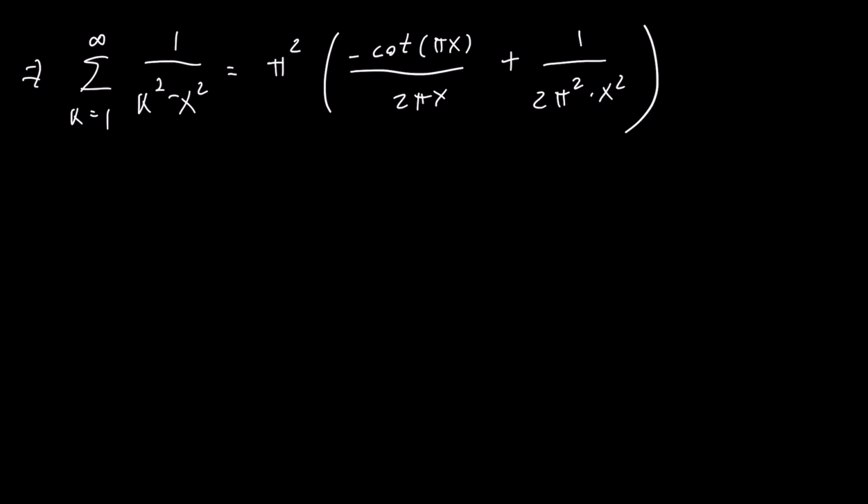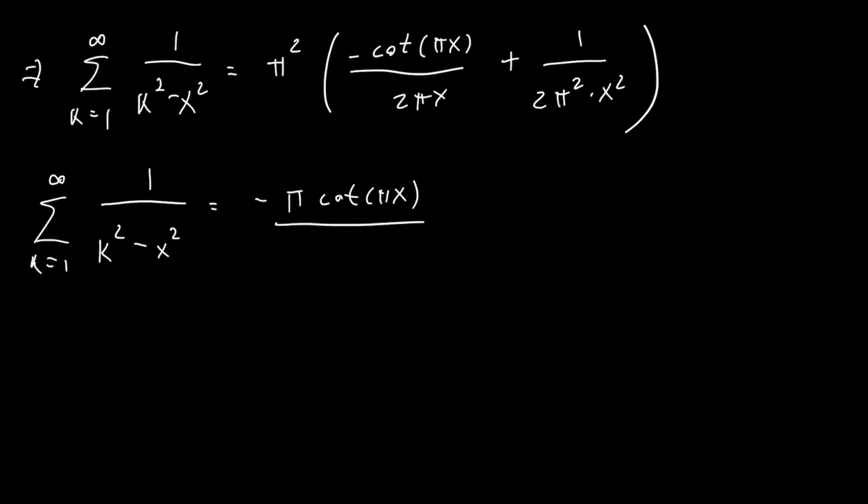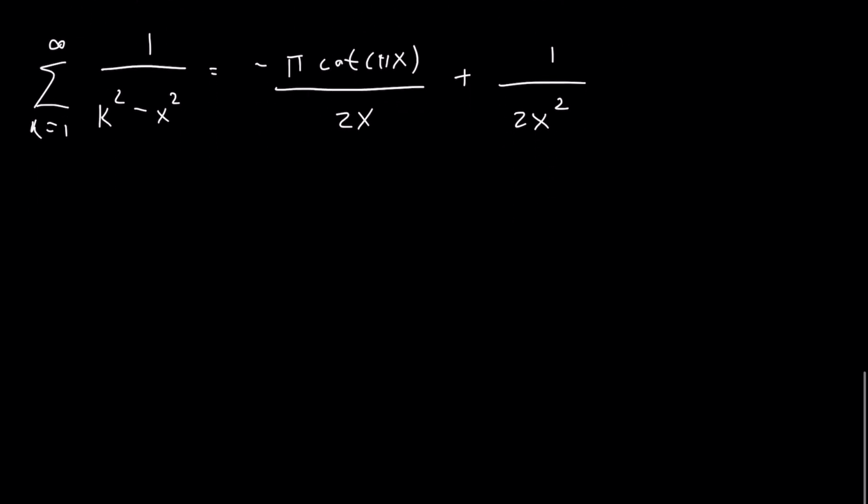So distributing that pi squared and simplifying, we have the sum from 1 to infinity of 1 over k squared minus x squared equals minus pi cotangent of pi x over 2x plus 1 over 2x squared.